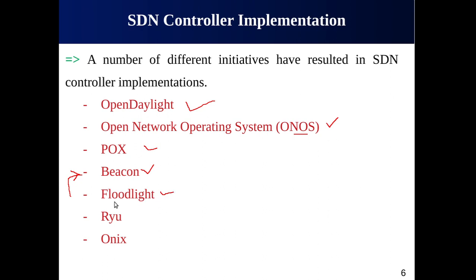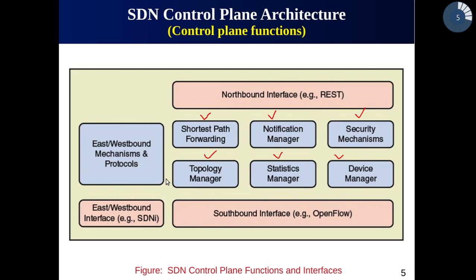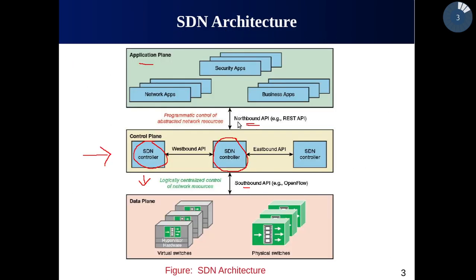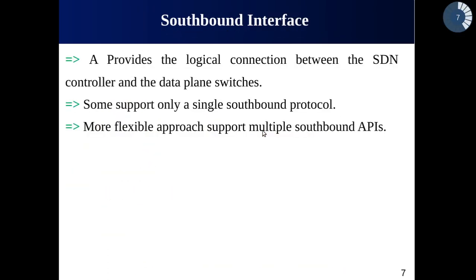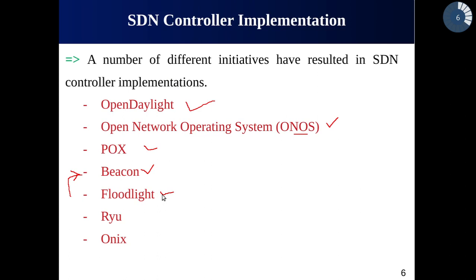The REST API is at the northbound. So the REST API is exposed with the help of Floodlight, or in simple words, you can use the REST API with Floodlight.